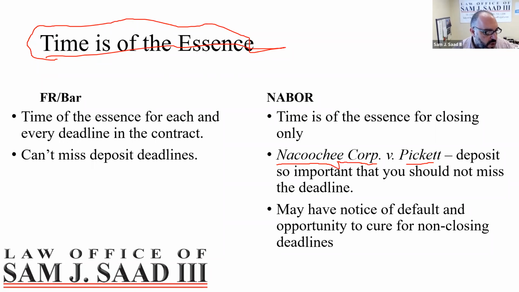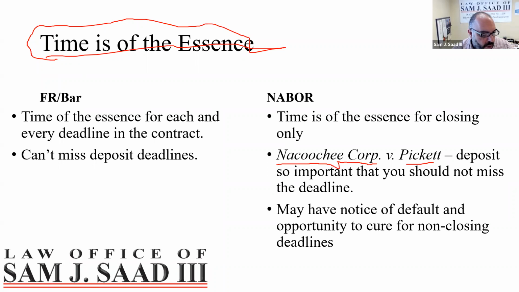Let's see what we've got for questions. Okay, Josephine is asking, under the FAR-BAR, can the buyer assume the seller's insurance in Florida? What happens if buyer claims they cannot get insurance? Josephine, under the FAR-BAR or the NABOR contract, you can assume the insurance. That's not contractual.